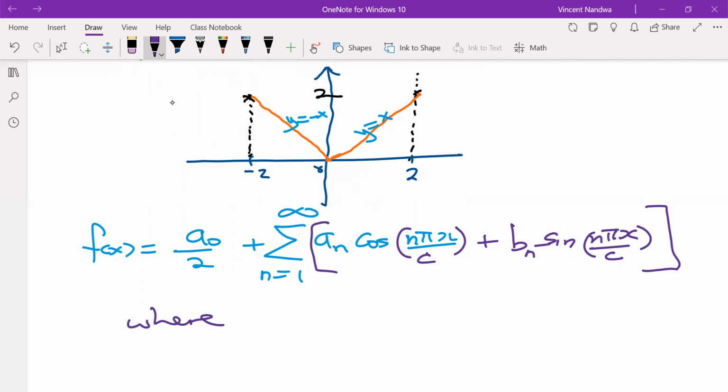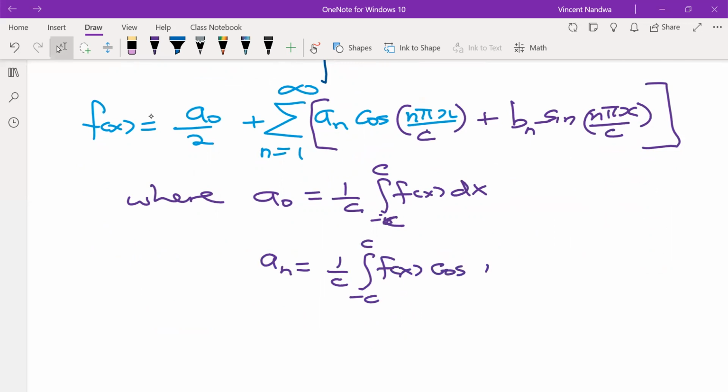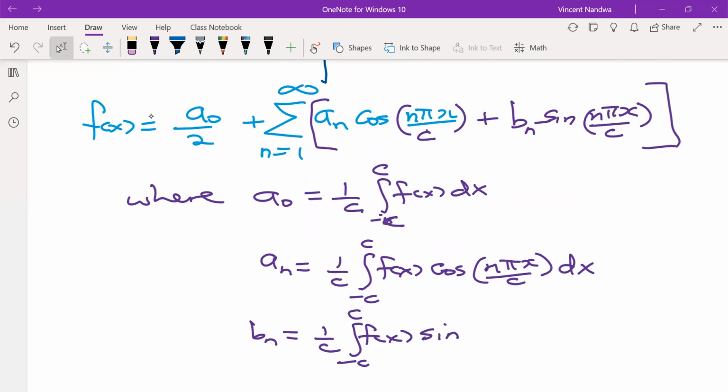where a naught is 1 over c integral from minus c to c of f of x dx, and an is 1 over c integral from minus c to c of f of x cosine of n pi x over c dx, and bn is 1 over c integral from minus c to c of f of x sine of n pi x over c.